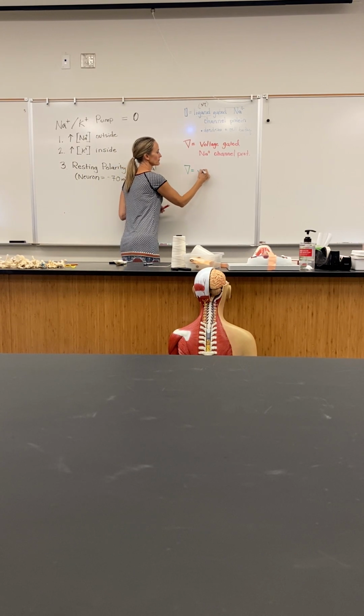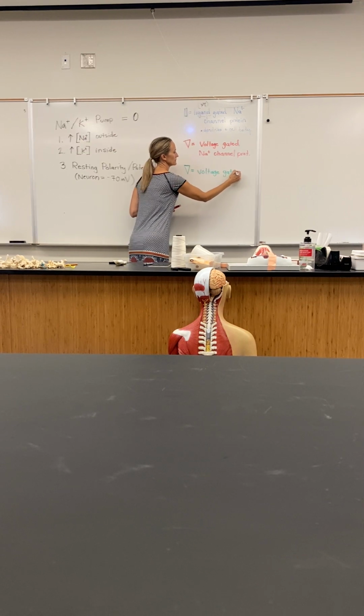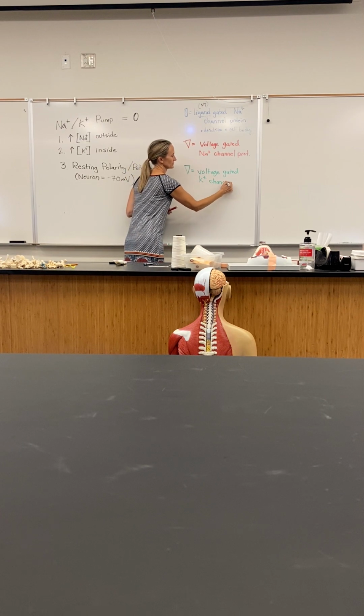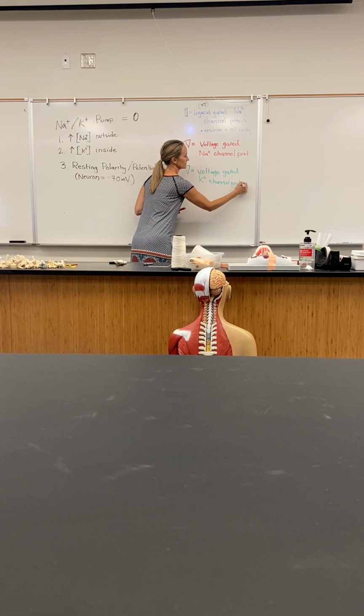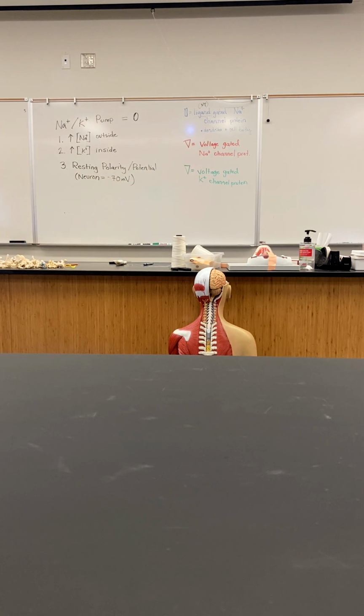And I'll do green for the voltage-gated potassium channel protein. Both of those are only found on the axon: the axon terminus, the axon hillock, anything that has to do with the axon. But they are not on the cell body and they are not on the dendrites.